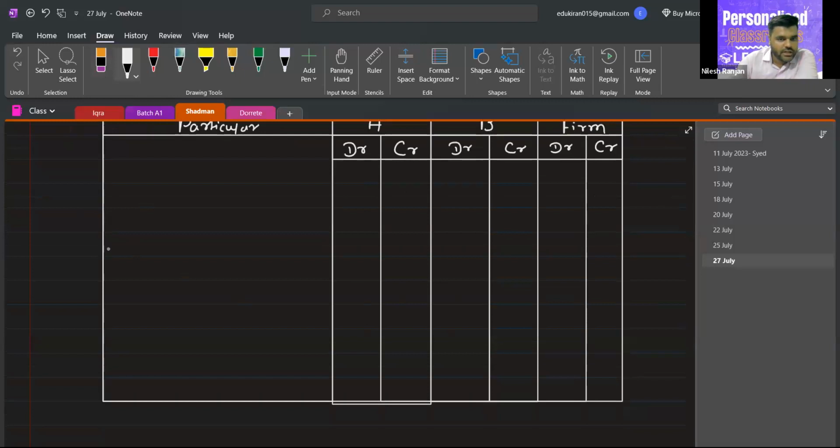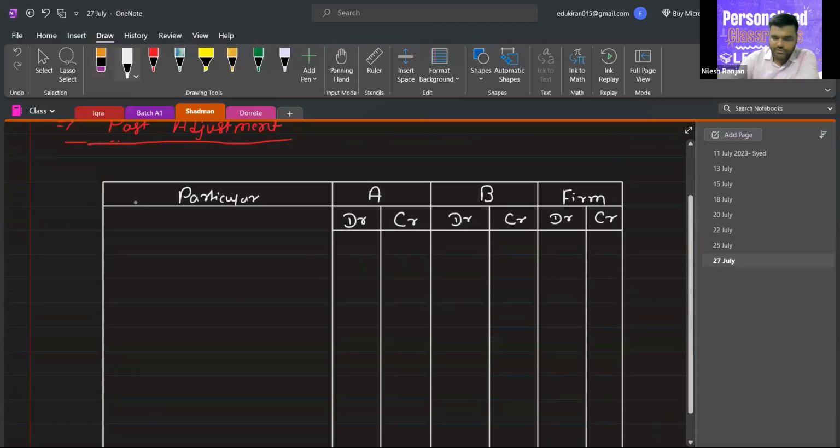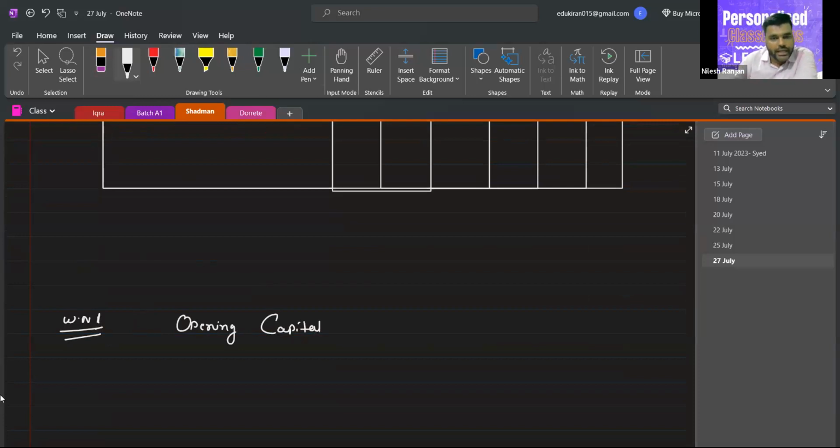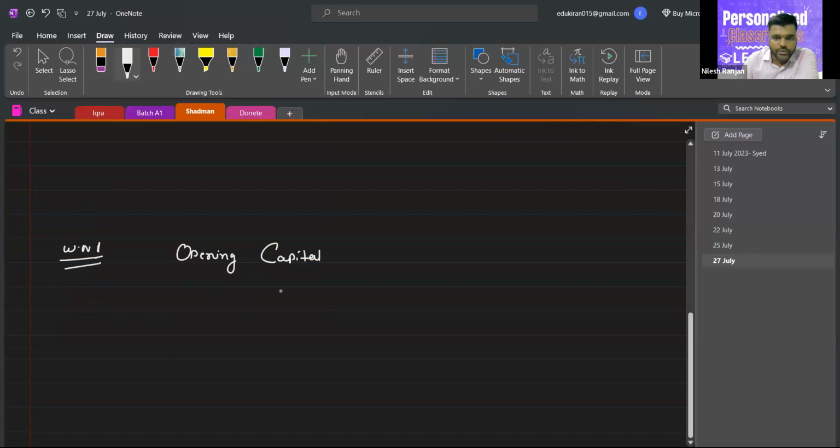First of all, working note number 1. We have to calculate opening capital, because interest is always calculated on opening capital.